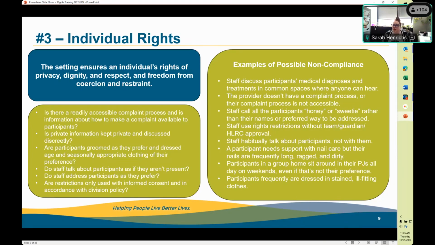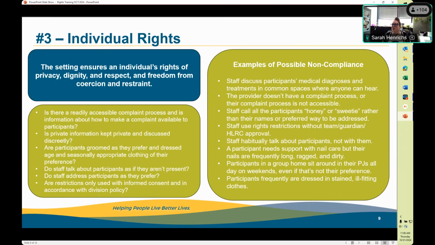Some examples of non-compliance with this aspect of the final rule might include when staff discuss a participant's medical diagnoses or treatments or their schedule of bowel movements out in the open in a public place where people can hear. That is not respectful of the rights of privacy or the human dignity of our participants.